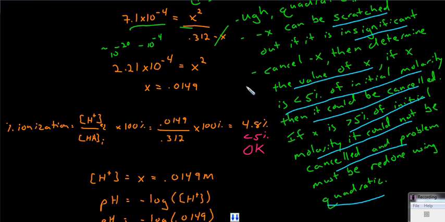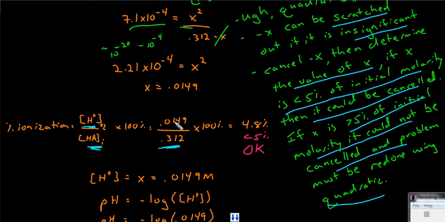So let's test. What is the percent ionization? What percent value of the initial concentration of our acid is actually dissociated and therefore giving a certain concentration of protons? Percent ionization is the concentration of protons after equilibrium over the initial concentration of our acid times 100%.